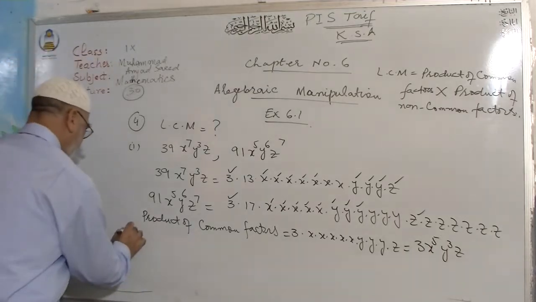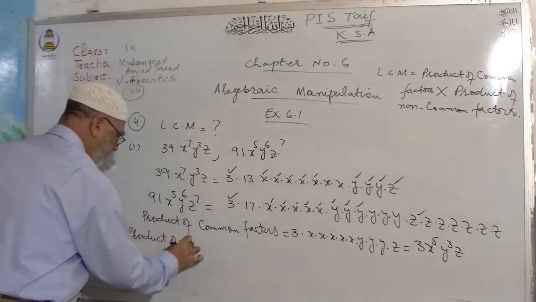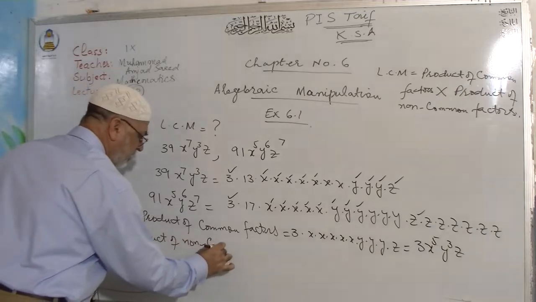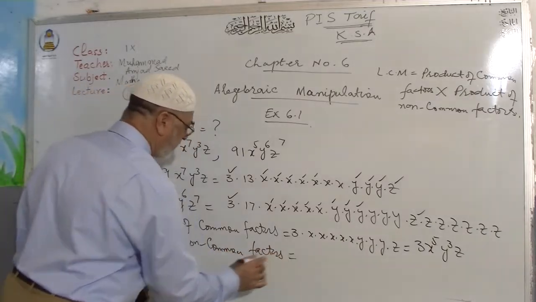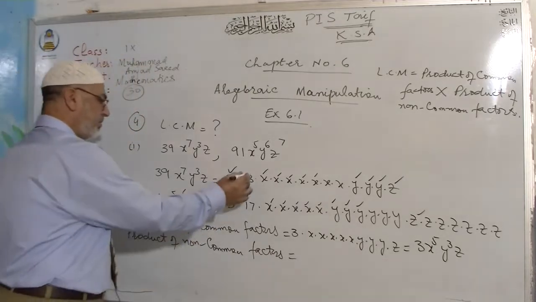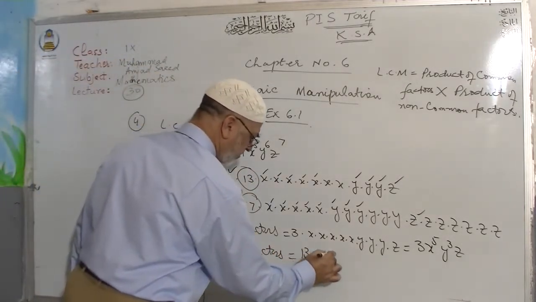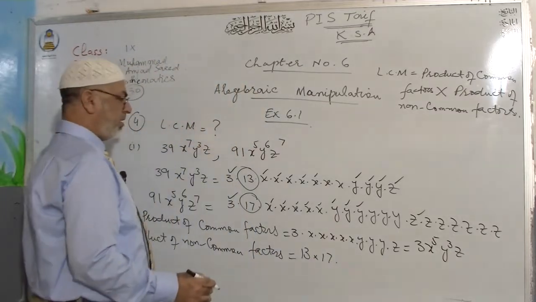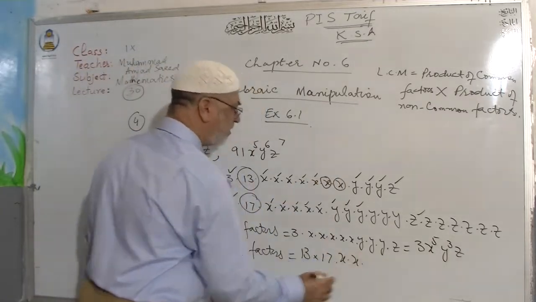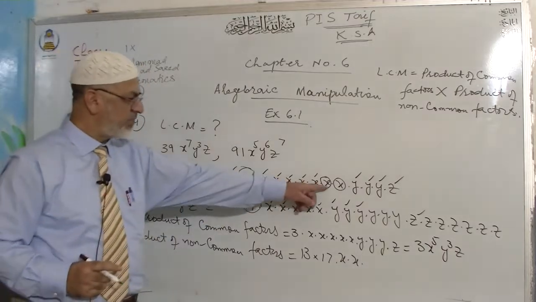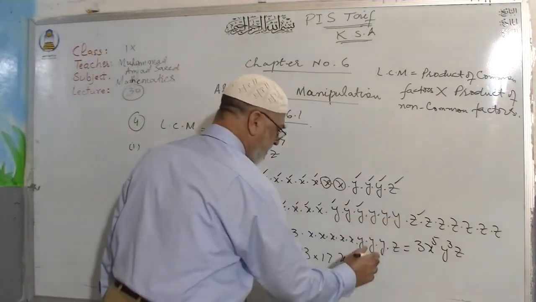Then we have product of non-common factors. What are the product of non-common factors? 13 and 17. 2 times x left from here. And 3 times y left from here.